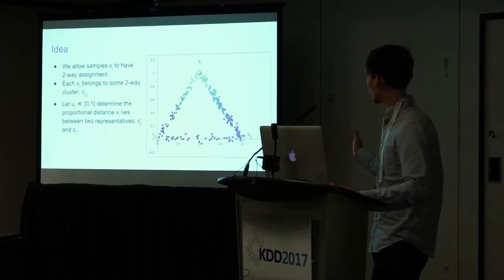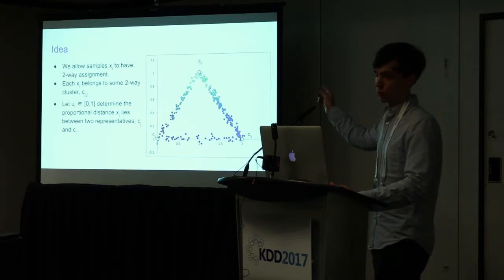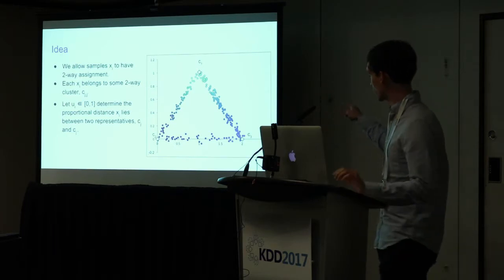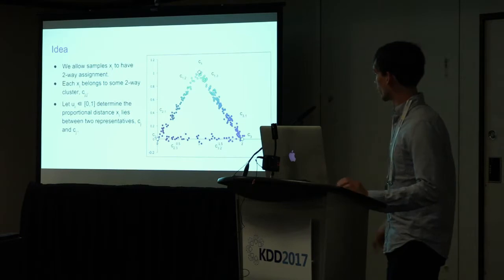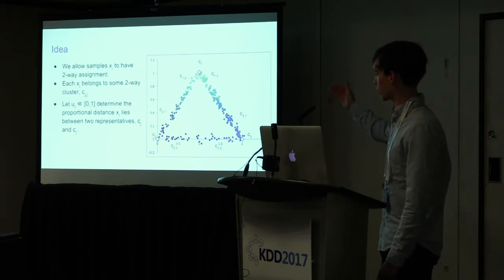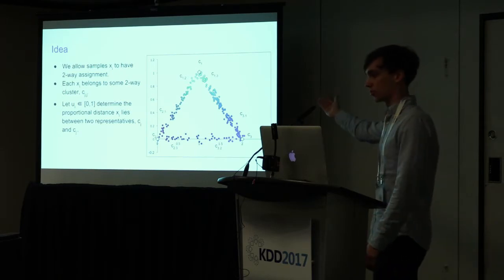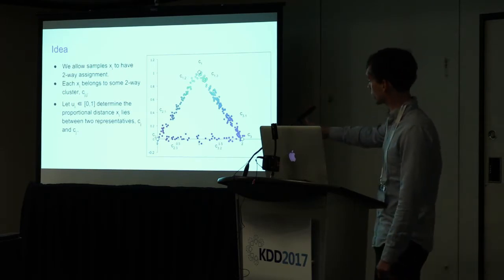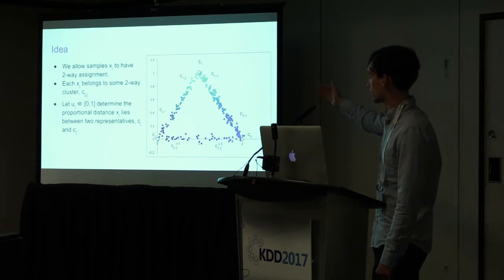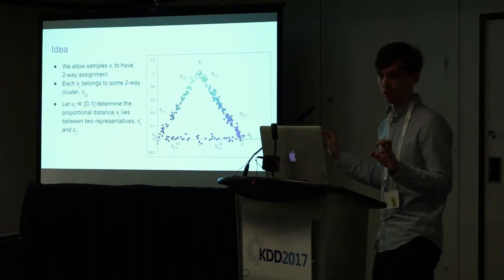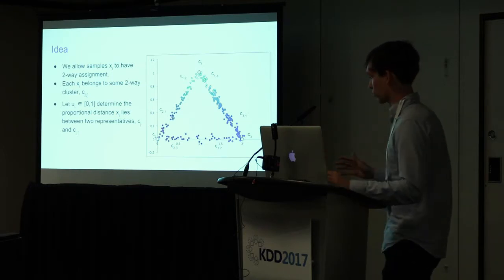As an example, these are three cluster representatives, C1, C2, C3, and then we would get all these two-way clusters. For example, C12 is between C1 and C2, but closer to C1. C21 would be closer to C2, and between C2 and C1. So we have these two-way clusters as a way of identifying what's going on.